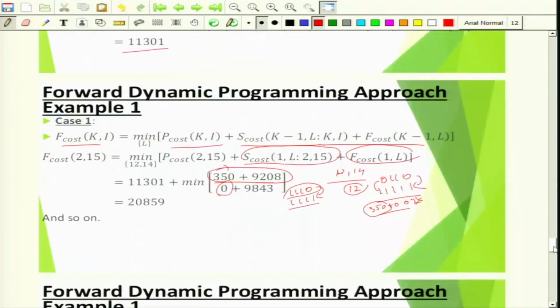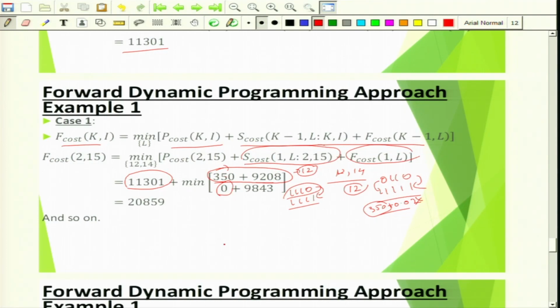Now you should check the production cost for this second interval 15 combination is anyway 11301, and you should check which is the minimum among the previous two economical states, and that indicates that 350 plus 9208 is more economical than 0 plus 9843.